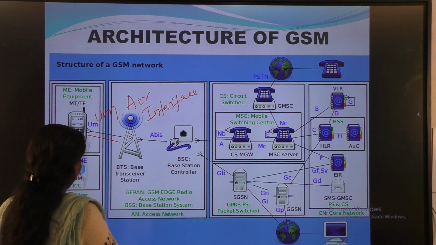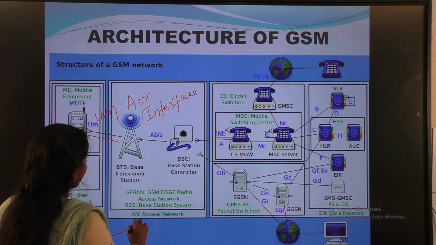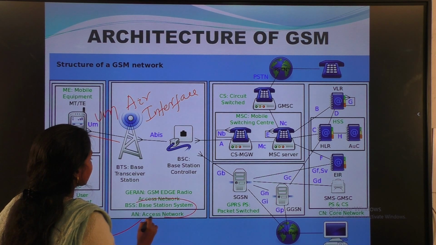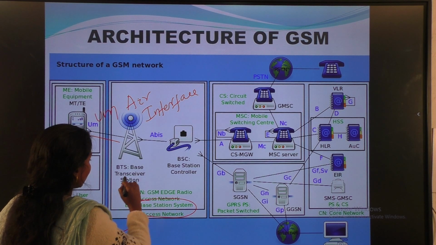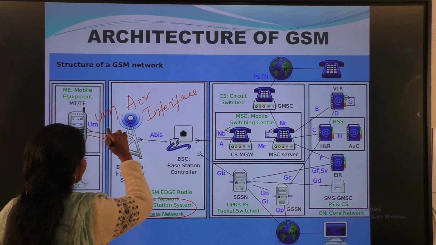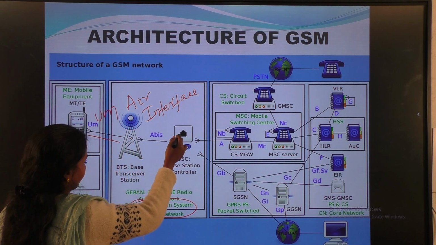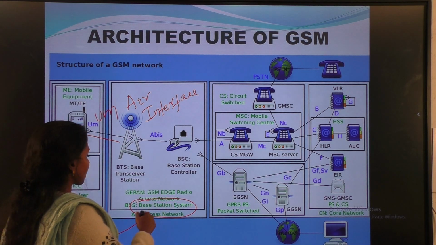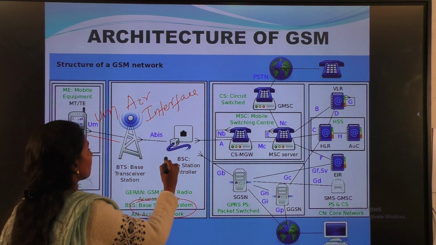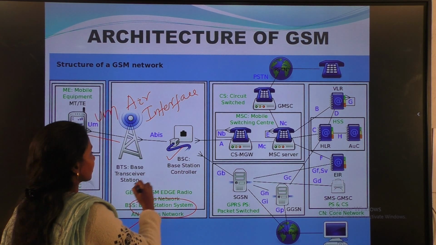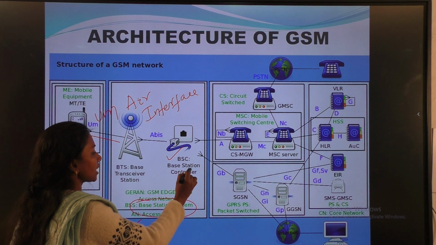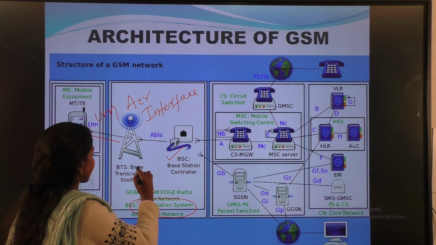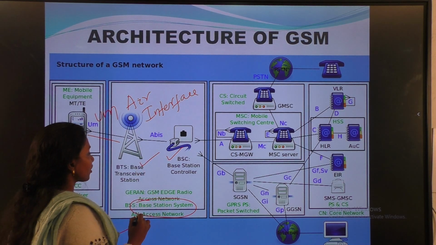Here, the mobile station is connected with the base station system with an interface, that is your Um interface or air interface. Okay, so the base station subsystem consists of two main components, that is your BSC, base station controller, and your BTS, base transceiver station.